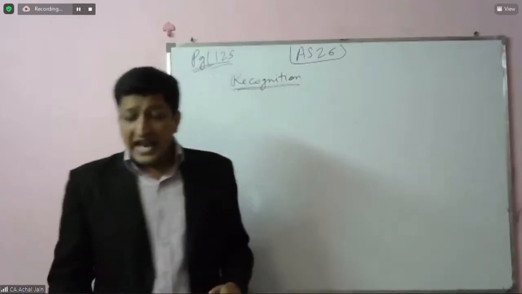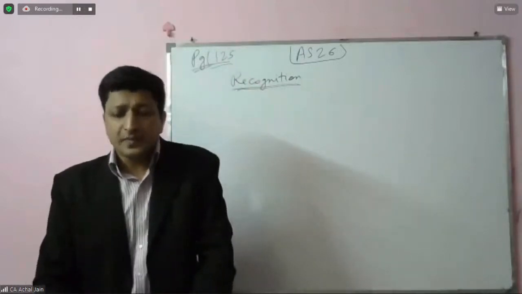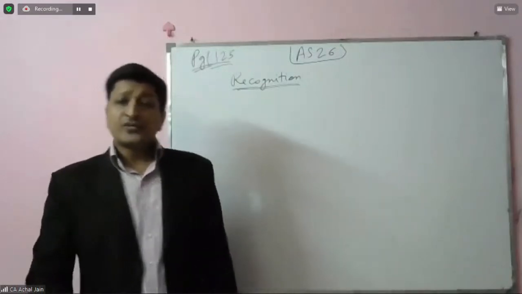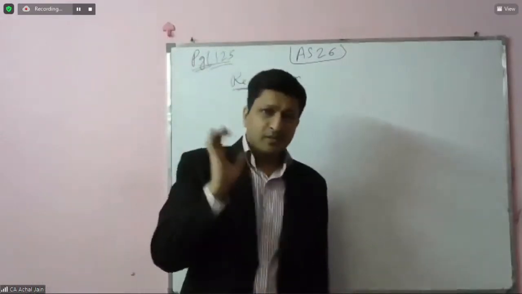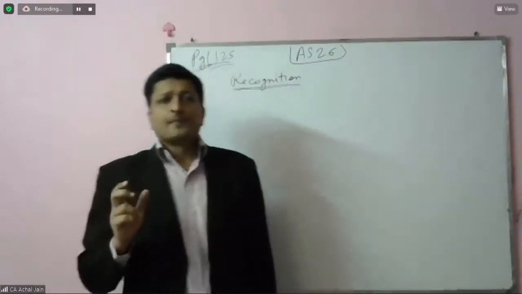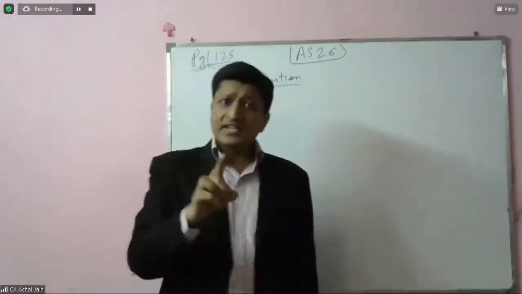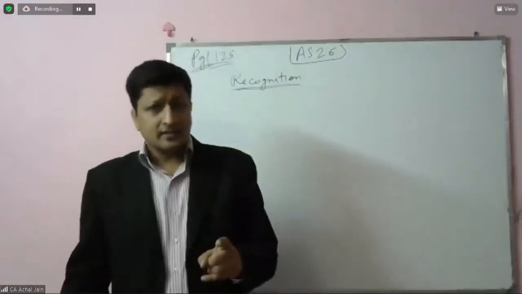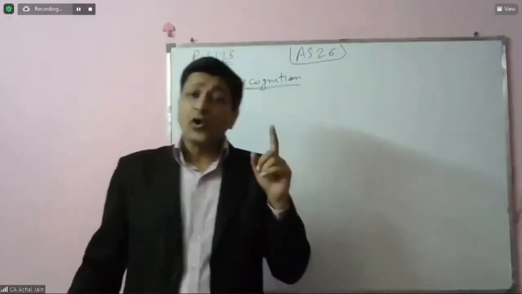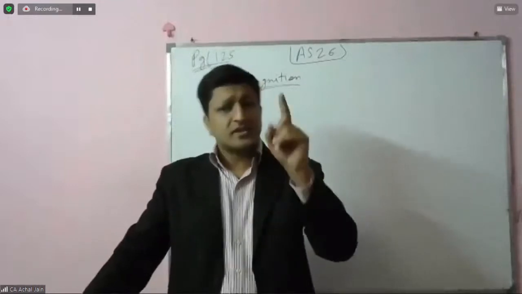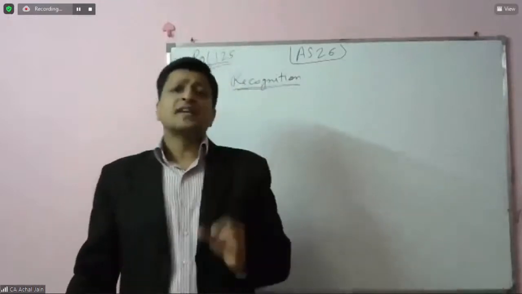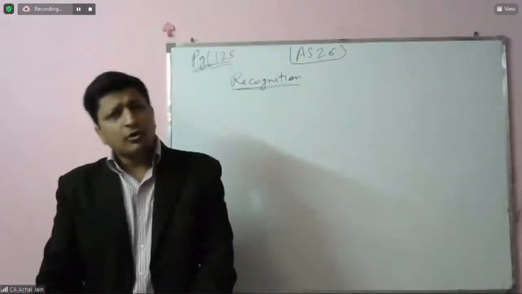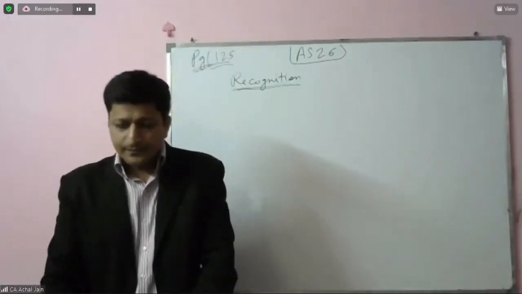But as around the recognition principles, which are required to be followed, without looking at the study material, and I'm not talking about an intangible asset, I'm talking about an asset. For an asset, I am repeating, not an intangible asset, for an asset, what is the recognition criteria? I think this is very, very simple, and all of you can answer this.